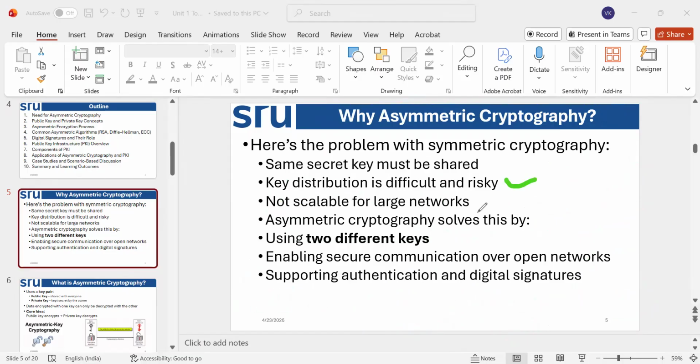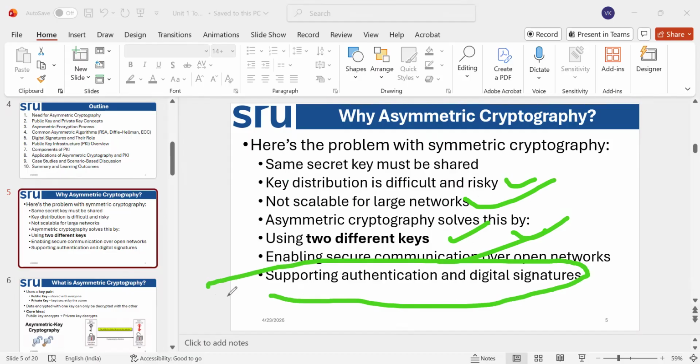We already talked about it. It is not scalable for large networks, right? Asymmetric cryptography solves this by using two different keys, enabling secure communication over open networks, and supporting authentication and digital signatures as well. Okay, so we understand why asymmetric cryptography is needed.